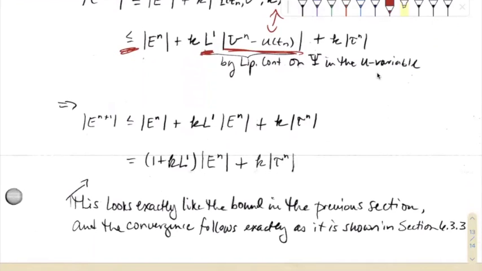You think of your error at the n plus first time step in absolute value as bounded by a multiplier times the error at the nth time step. And here is where k times your local truncation error at that nth step will show up. Everything else follows exactly the same.